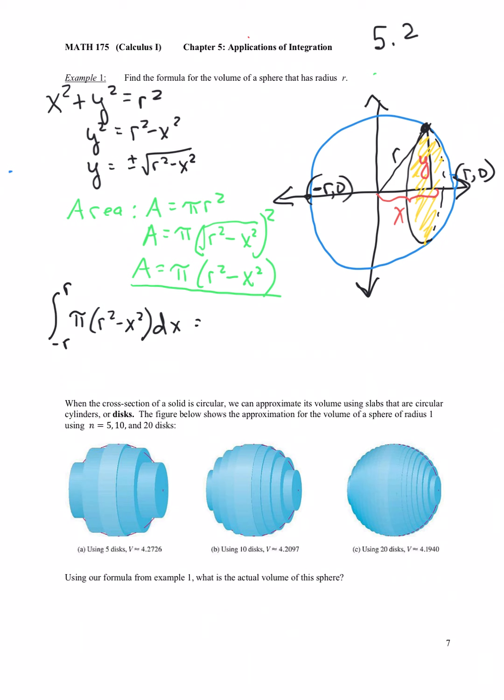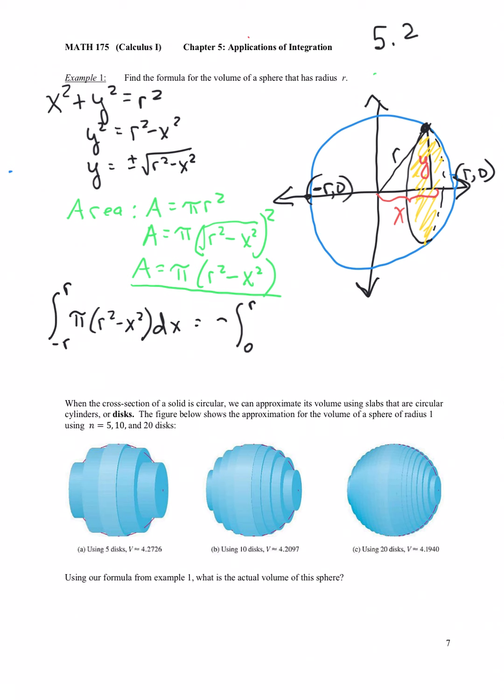Now, one trick you can do here is, we know that this is an even function. You don't have to do this, but if you notice from 0 to r, it's symmetrical from negative r to 0. So just watch this trick a little bit.